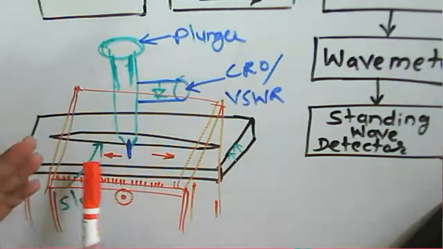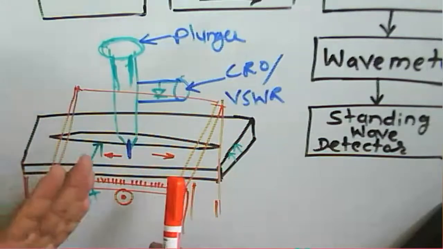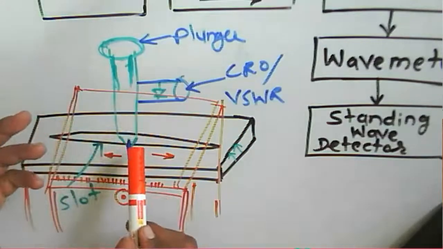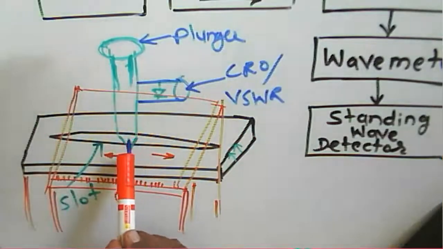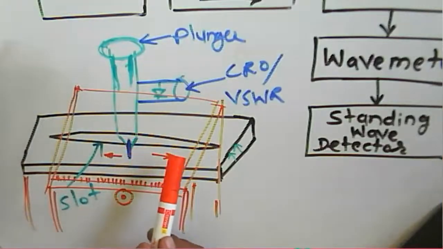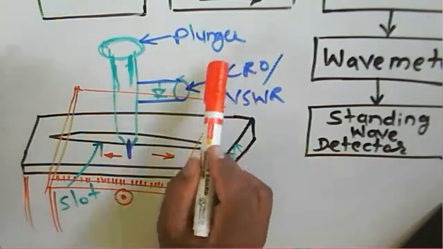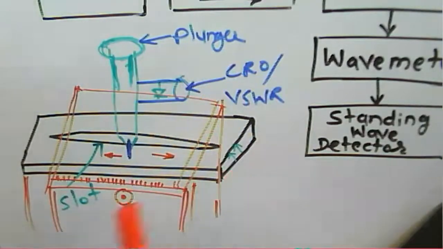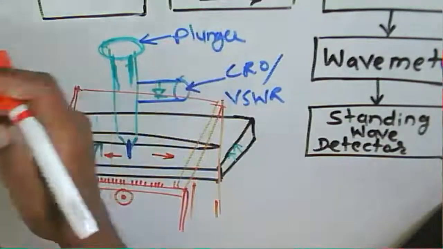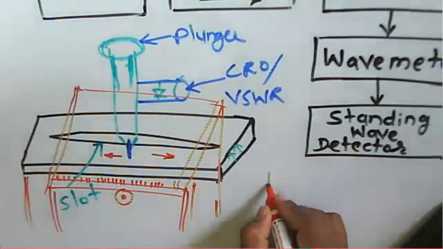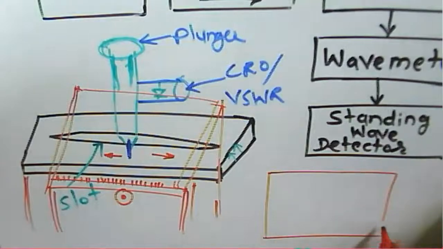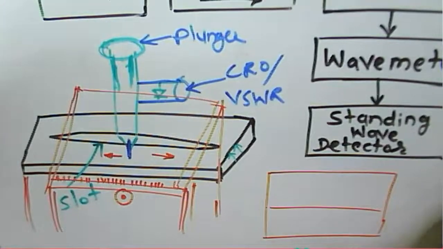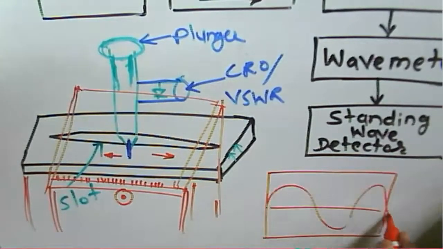This is the input signal. When that signal falls on this probe, it is converted into a current, and then we are able to see the waveform on the CRO. Generally, we say it is converted in the form of voltage. So on the CRO there will be a waveform of the signal.